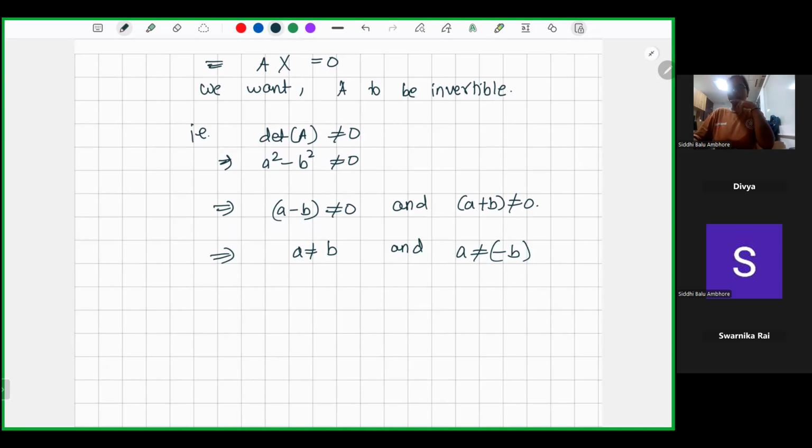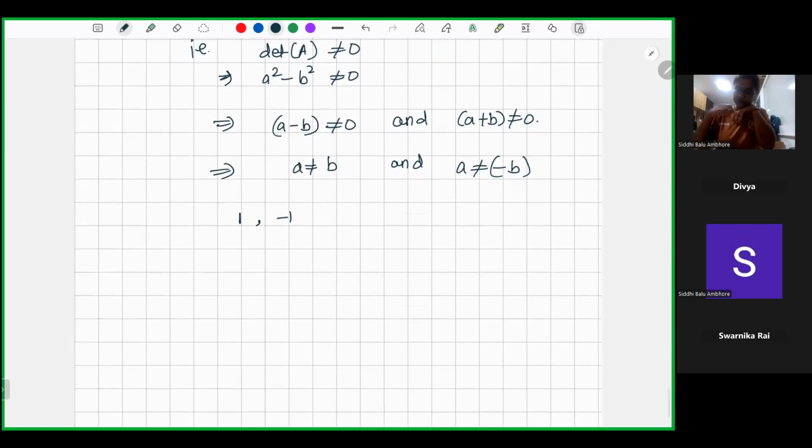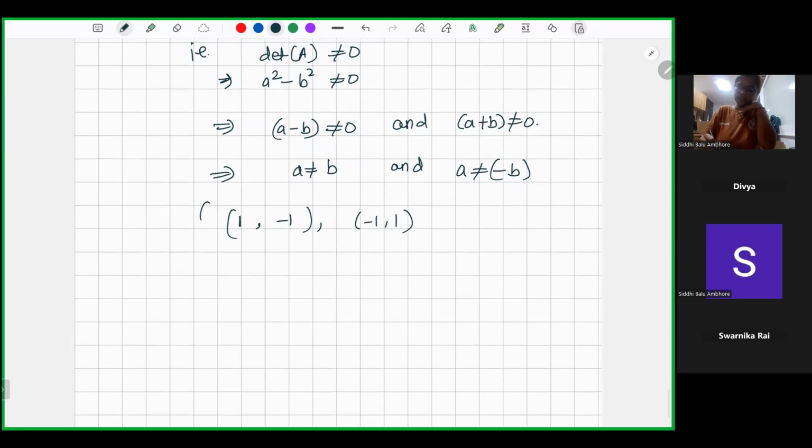I'm still confused why they want A to be not equal to minus B. Because, for example, if I take 1 and minus 1, this is my A and minus 1 is B. Then BA will be minus 1, right? This will still form a basis, right? Or no? Yeah, it is. The determinant of this is also non-zero. Yes, exactly.